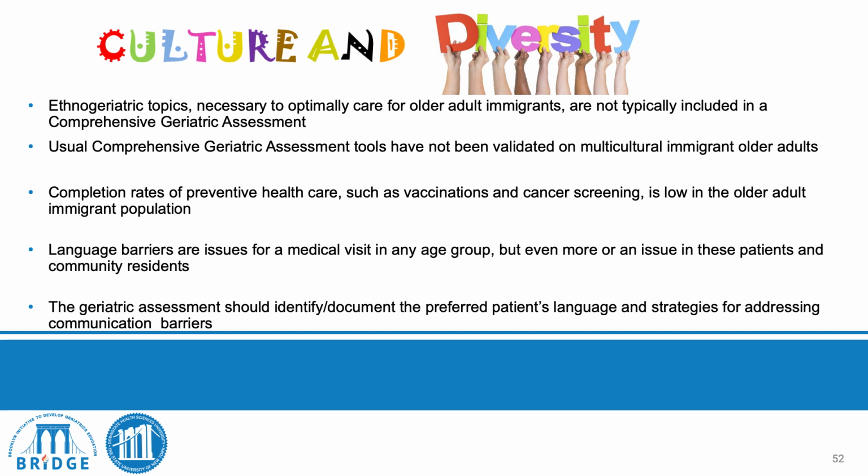And sometimes it's actually low in the American citizen population also, depending on their health literacy, their access to care, and their healthcare diversity, how much they're able to access care where they live and be part of the preventive health and wellness screenings.